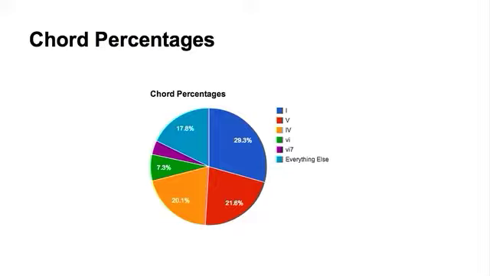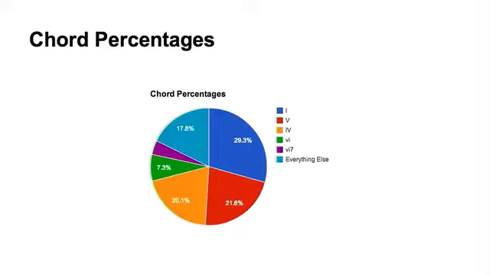I just took a sampling of tunes that we played. I took the lead sheet and I did Roman numeral analysis on it and came up with these percentages. Again, this is just a sampling of songs that we've done. This is certainly not everything that we've ever played, but this is a pretty good representation of what you'll see.